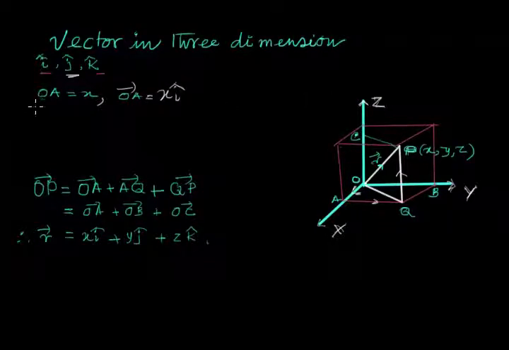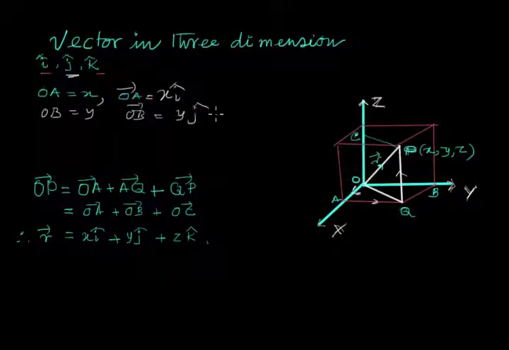Now OB is equal to y units, so vector OB is y j cap, and OC is z, so vector OC is equal to z into k cap.